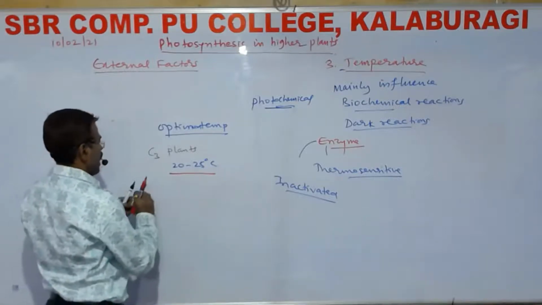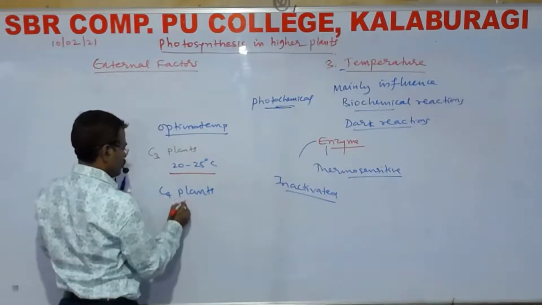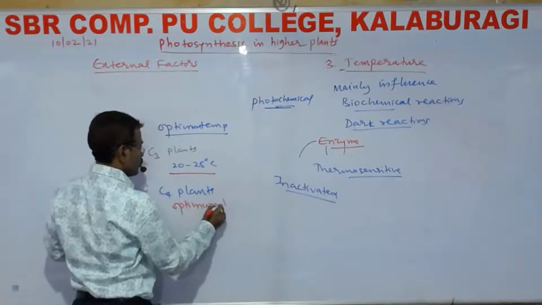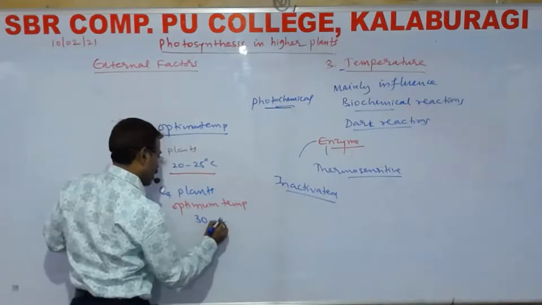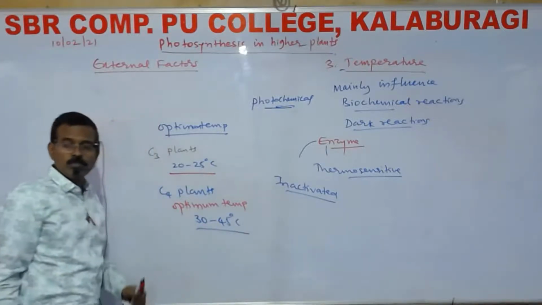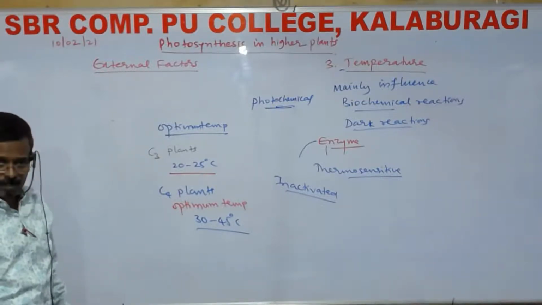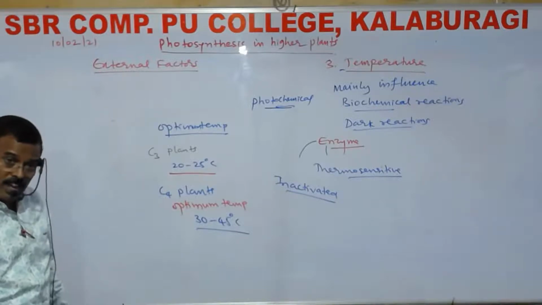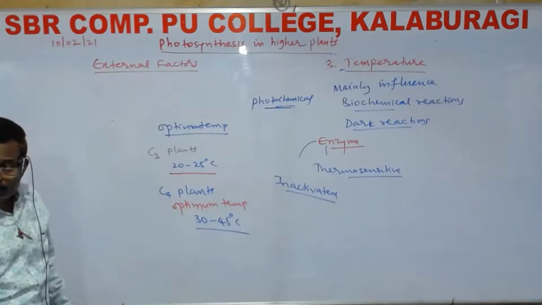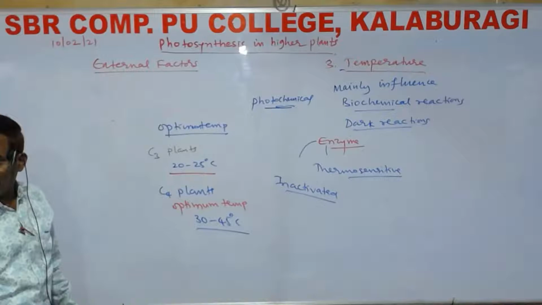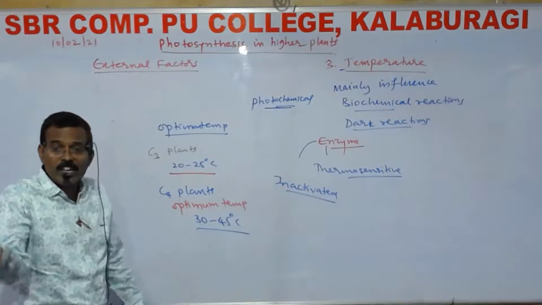Whereas for C4 plants, the optimum temperature is 20 to 45 degrees centigrade. It is high because C4 plants grow in tropical and subtropical regions. And the PEP carboxylase enzyme can work even at high temperature. Rubisco cannot work at high temperature. The Rubisco enzyme, which is involved in the carboxylation step in the C3 cycle, gets inactivated if there is a rise in temperature.